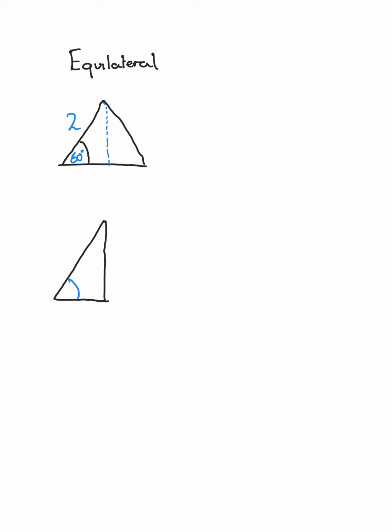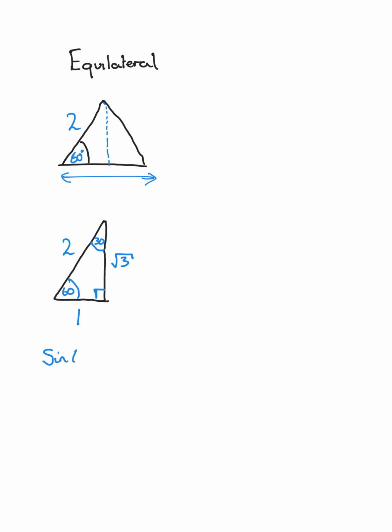So it's 60, 90 and 30. Side length 2. The bottom bit here was cut in half. So this is 1, and using Pythagoras I can do the square root of 2 squared minus 1 squared, which is root 3.